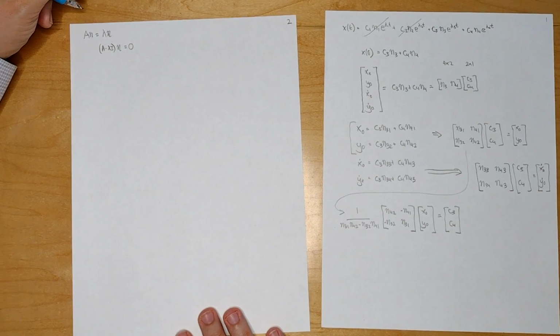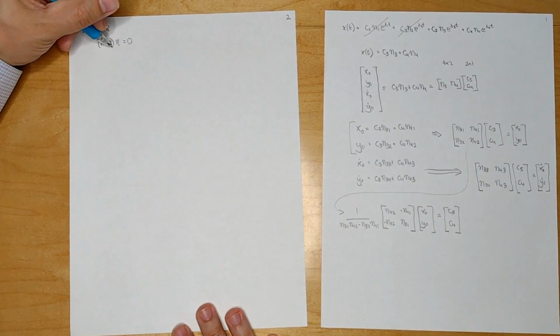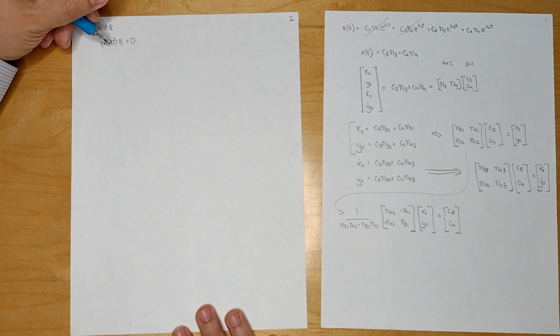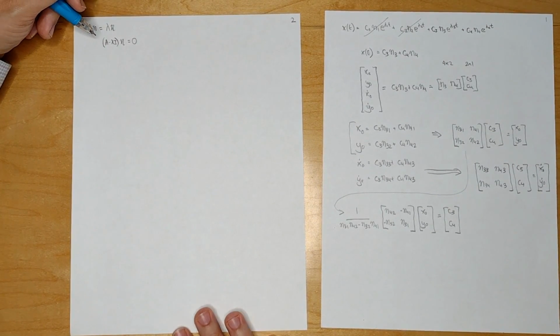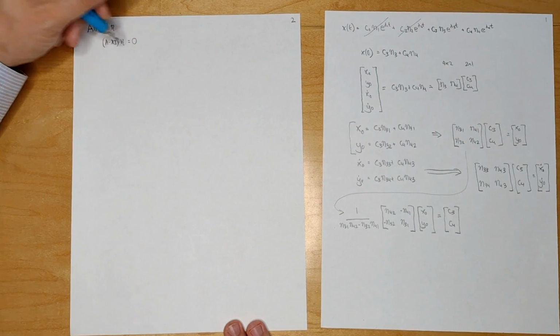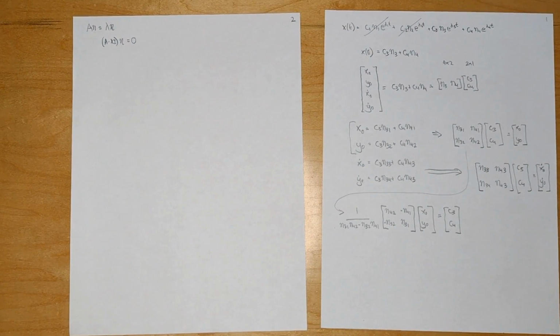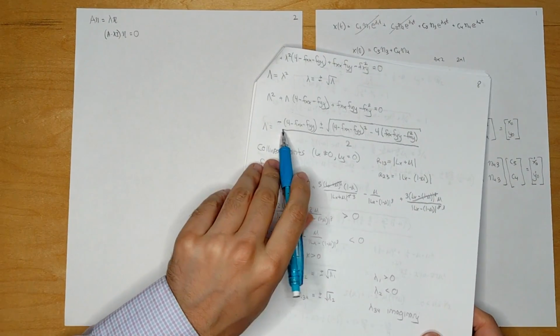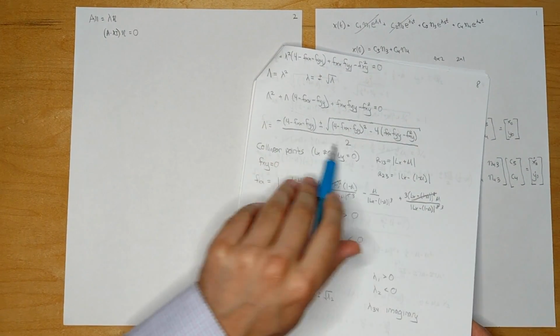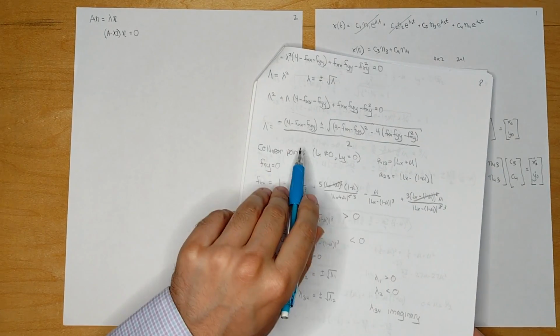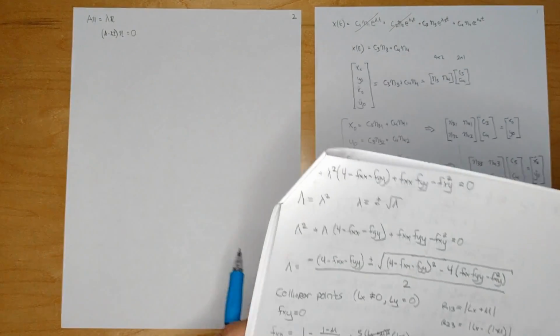Now, usually when you learn about eigenvectors, you compute this matrix and then you visually inspect it for how linear combinations of the different columns are going to give you 0. Doing that in this case would be a nightmare, because look at the eigenvalues. This is what our eigenvalues look like. This isn't even what the eigenvalues look like. They look like the square root of this, so it's a huge mess.